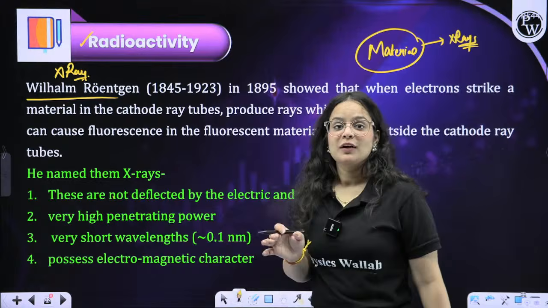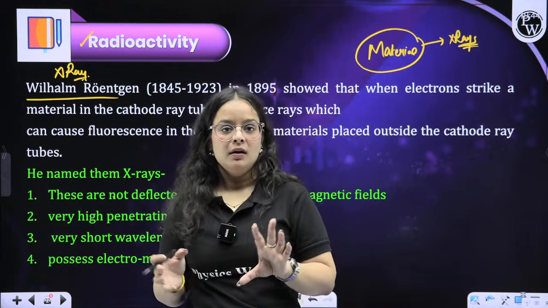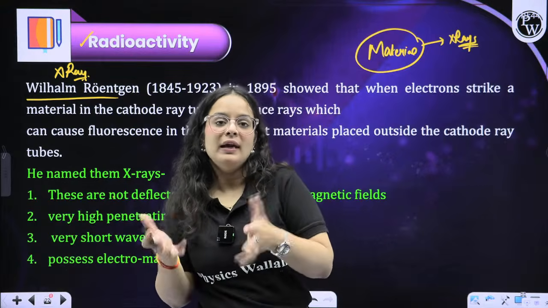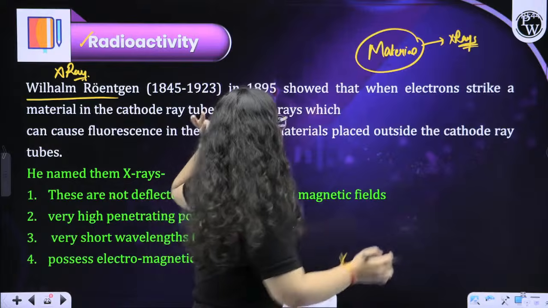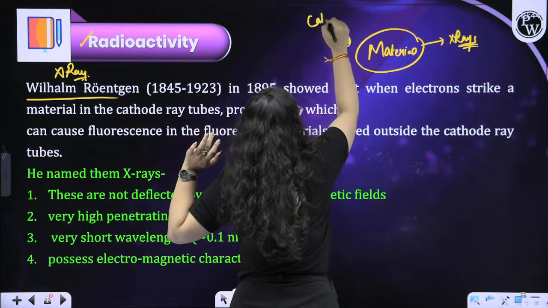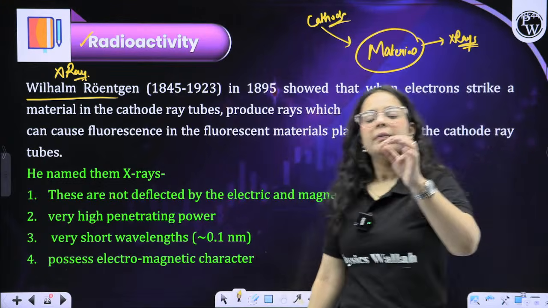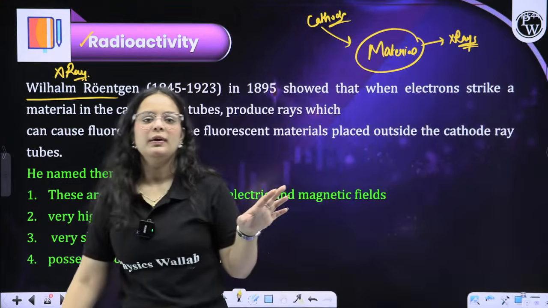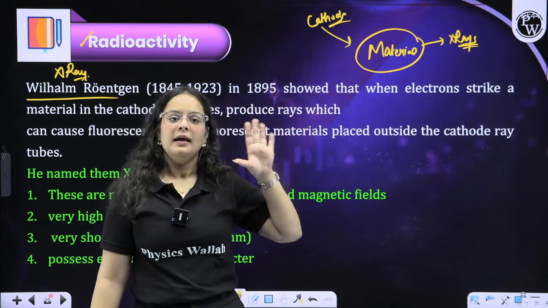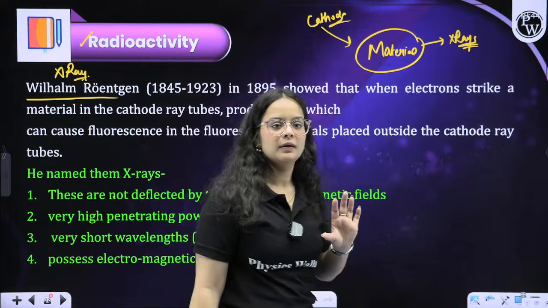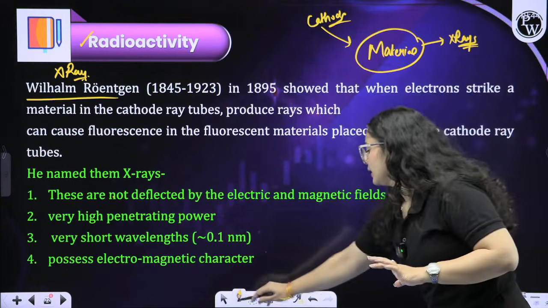In mathematics, any unknown value is usually considered to be X. On a similar basis, the rays produced by the striking of cathode rays on the material are named X, and even now we call them X-rays. So this is how we are getting the X-rays.